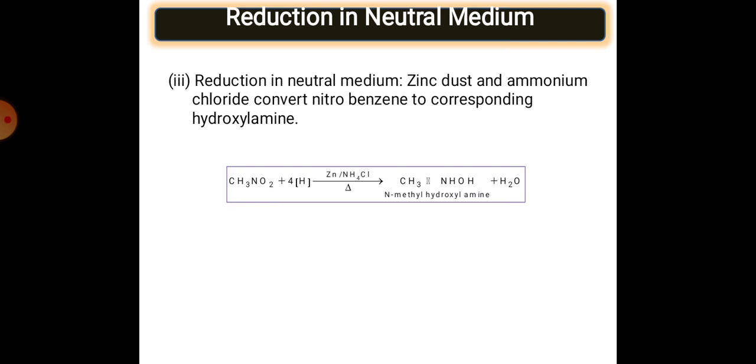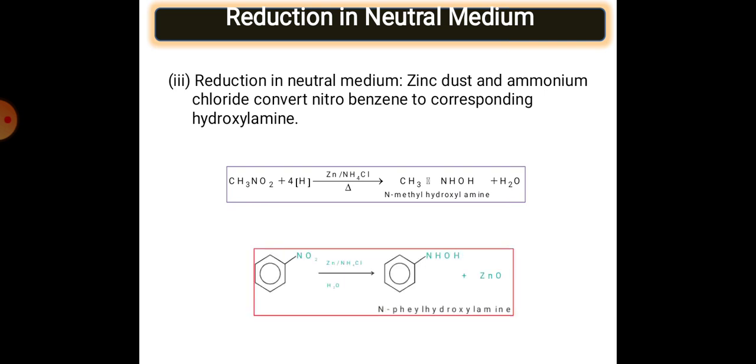We are not getting NH2. That's why this is different in neutral medium. So that produces phenylhydroxylamine. We have also nitro compounds with zinc in ammonium chloride, and hydrolysis results in the formation of phenylhydroxylamine.